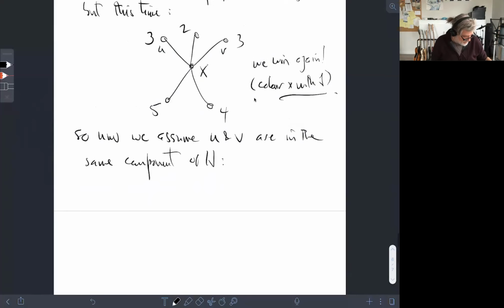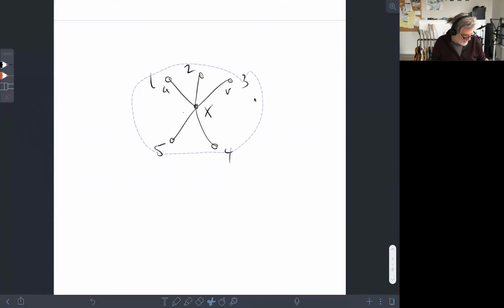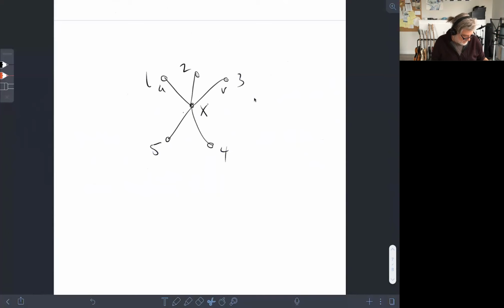So here's the situation. Okay, so somewhere in the graph, there is a path that looks like this.